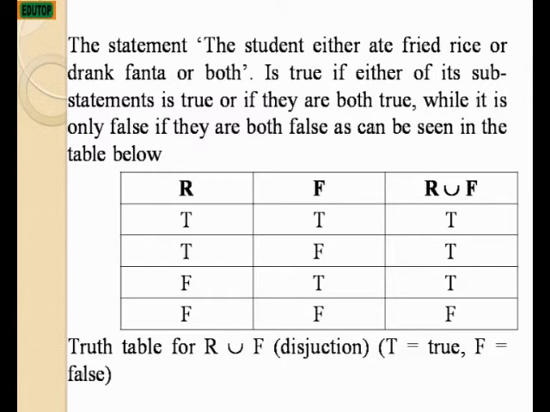In a situation whereby the student was unable to get fried rice, but luckily got Fanta, then our R union F is true. But in a situation whereby the student neither got fried rice nor Fanta, then our R union F is false. Thus, as we've seen in the table.